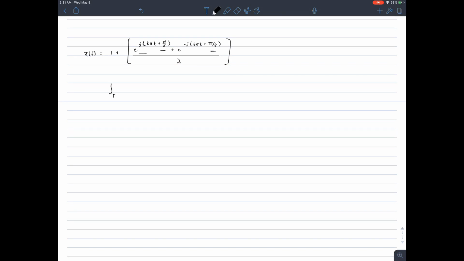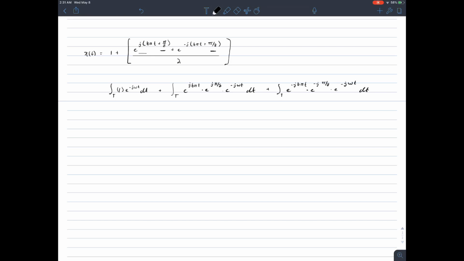So we're going to have the integral of 1 times e to the negative j omega t dt, plus the integral of e to the j 6 pi t times e to the j pi over 8 times e to the negative j omega t dt, plus the integral of e to the negative j 6 pi t times e to the negative j pi over 8 times e to the negative j omega t dt.